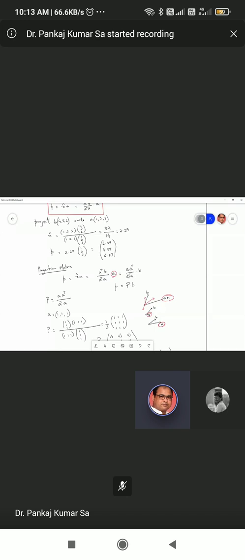So A A transpose upon A transpose A is what we call the projection matrix, times the B vector that gives us the projection P. The projection of the vector B onto A is P, equal to the projection matrix times the B vector.